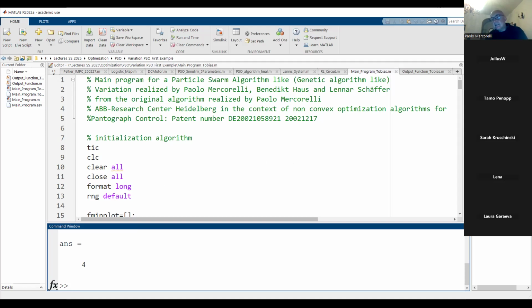We can see on the right, in the workspace, the parameter ans is active with the value 4. I can define another variable, for instance q equals 3 plus 4, just to understand. Then we have q, a new variable, with the value 7.